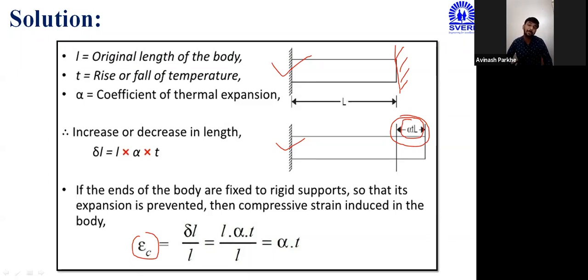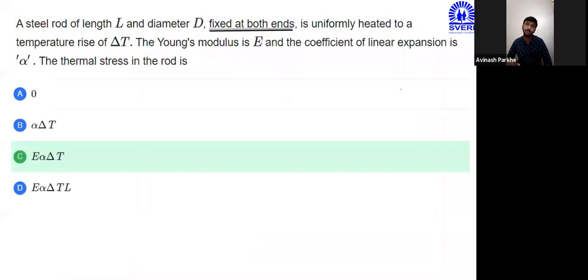Due to the increase in temperature, only thermal deformation, but no stress if body is free. But if body is totally constrained, then there is only thermal stress, but no thermal strain. So please understand the basic difference between body subjected to the temperature and body subjected to the external loads. Okay. So this is the one condition they have mentioned.